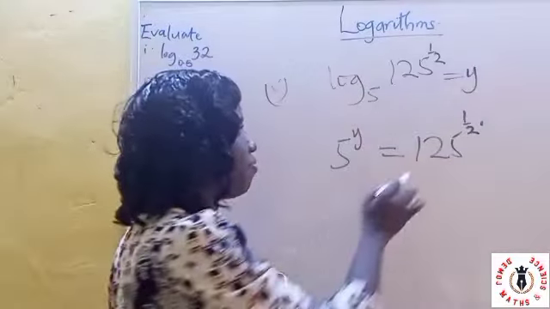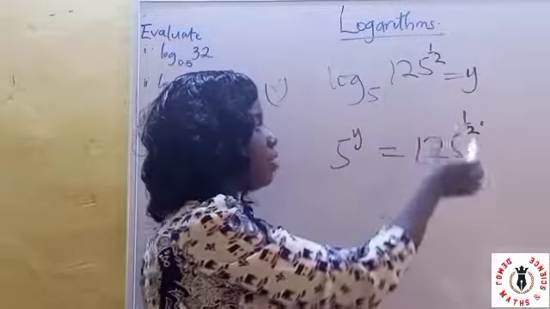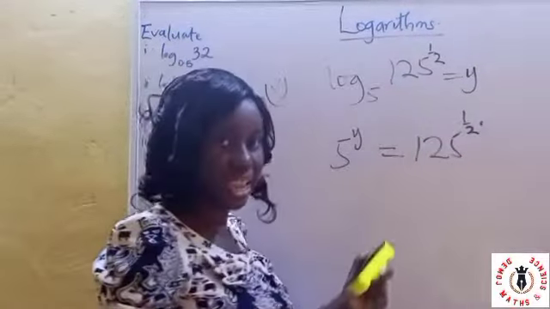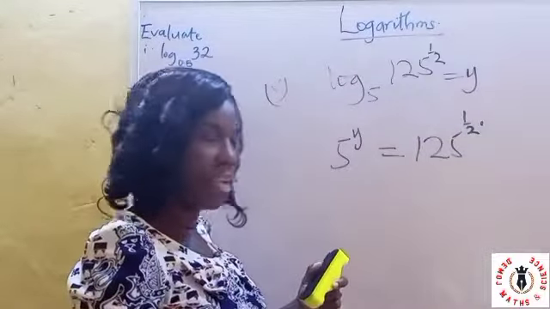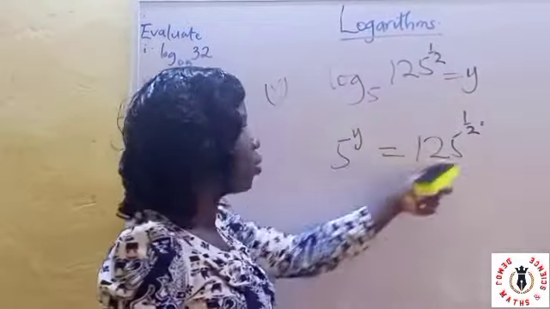Remember that we are looking for the logarithm of a number, 125, so it's actually the index to the base. We must try to equate this number to the base. So we must bring this 125 to the base of 5.